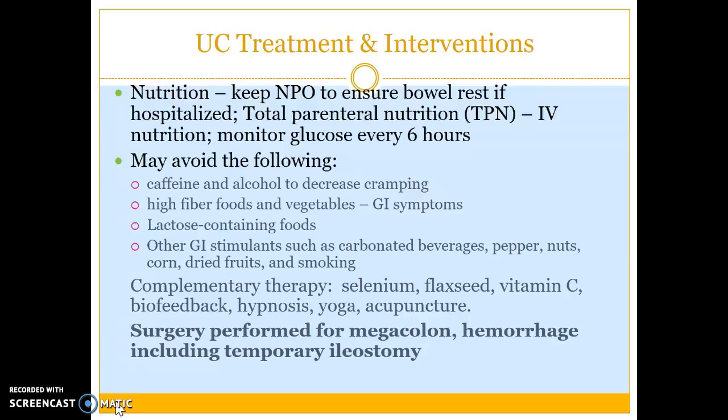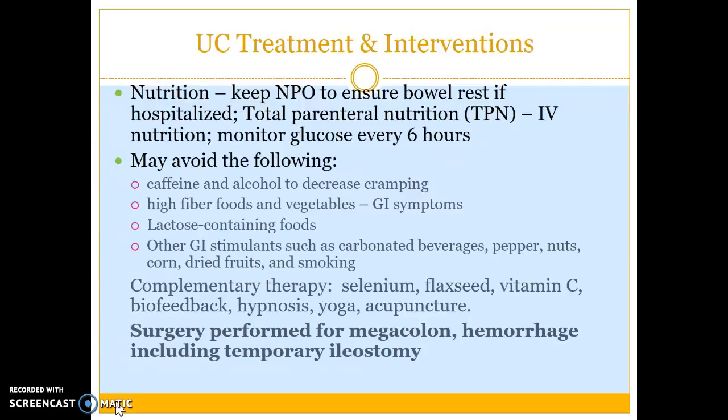Often they may be put on what's called total parenteral nutrition, which is IV nutrition that tends to have a much higher glucose content, along with a very specific prescription from a dietitian in terms of the types of elements and vitamins, as well as all the electrolyte components that are required.